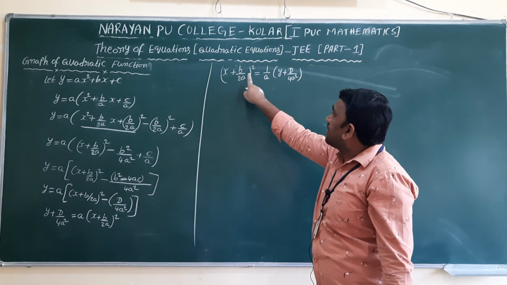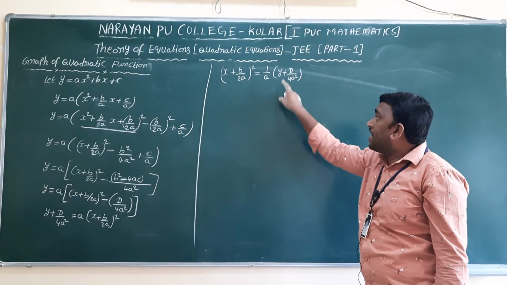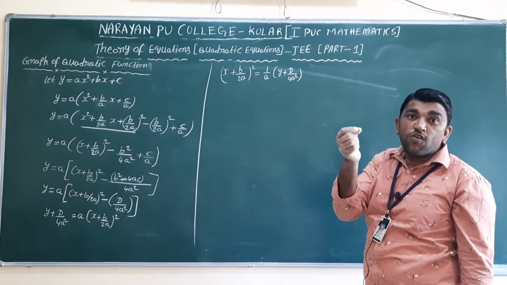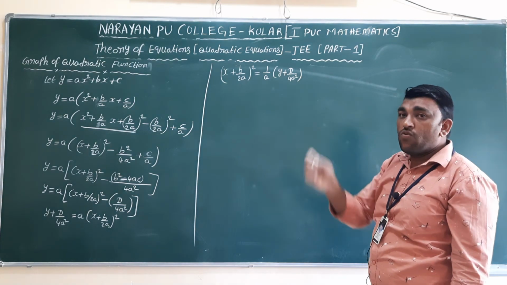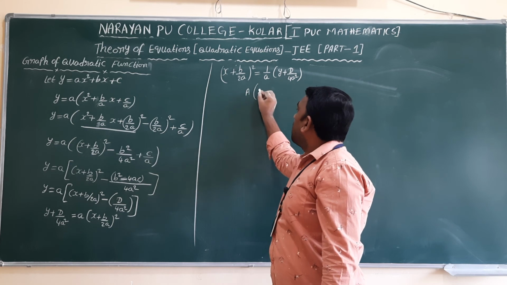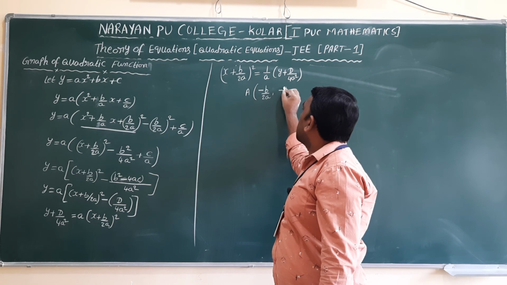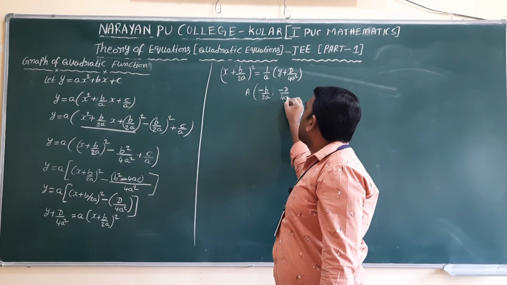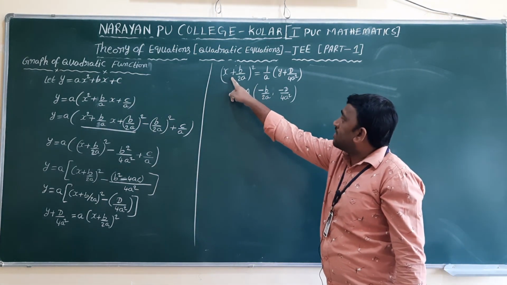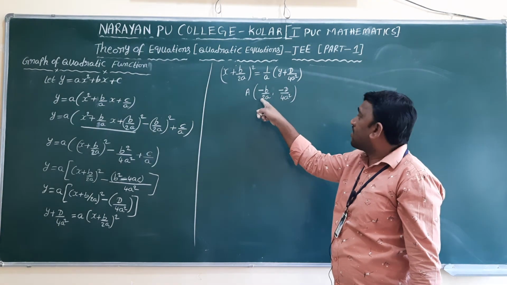Now this is like the x square equal to 4ay form, a parabola symmetrical about the y axis; the standard form of the parabola y square equal to 4ax is symmetrical about the x axis. Here the vertex is minus b by 2a comma minus d by 4a square. These are the vertex of the parabola. See, x minus x1, y minus y1, so x1 and y1 are the vertex of the parabola.